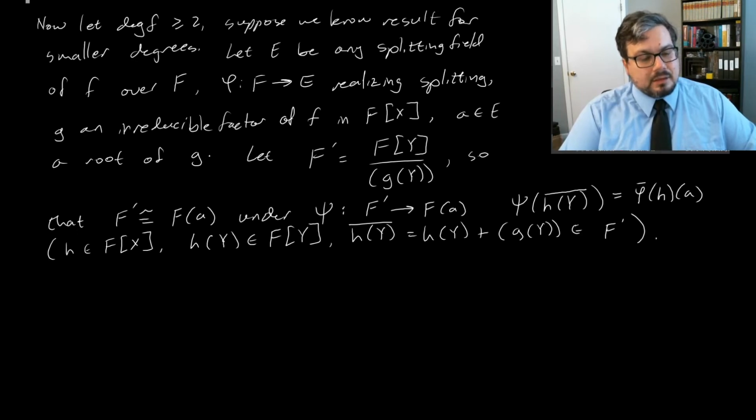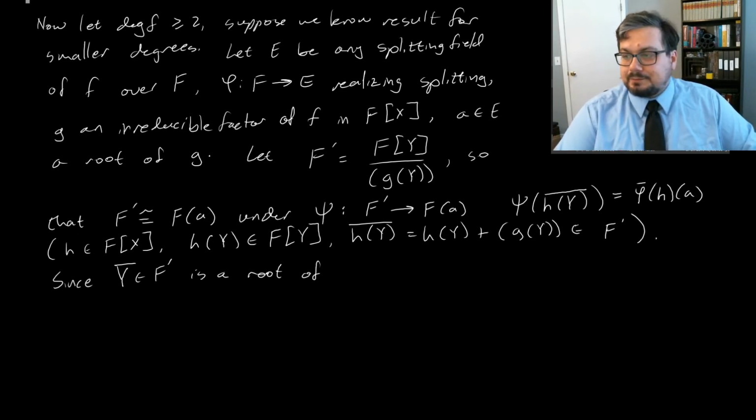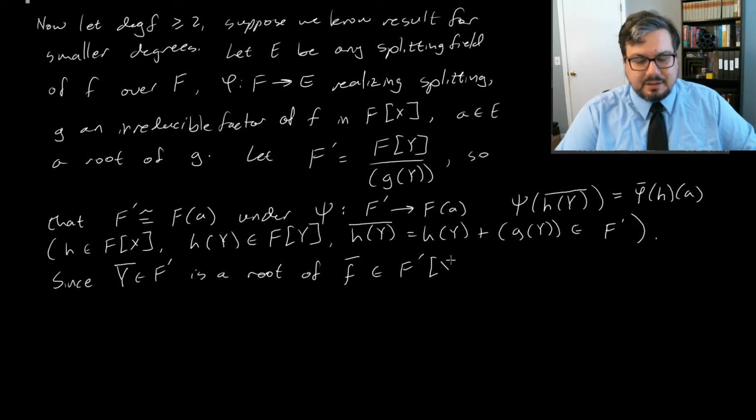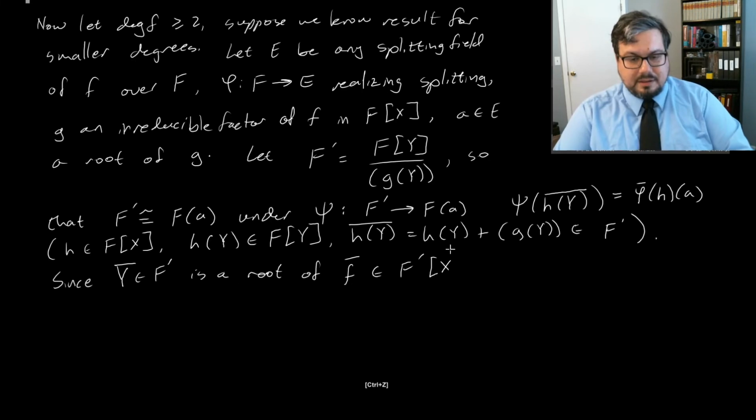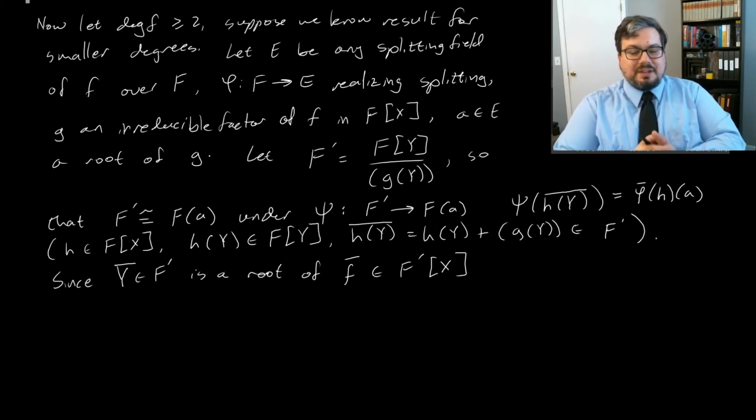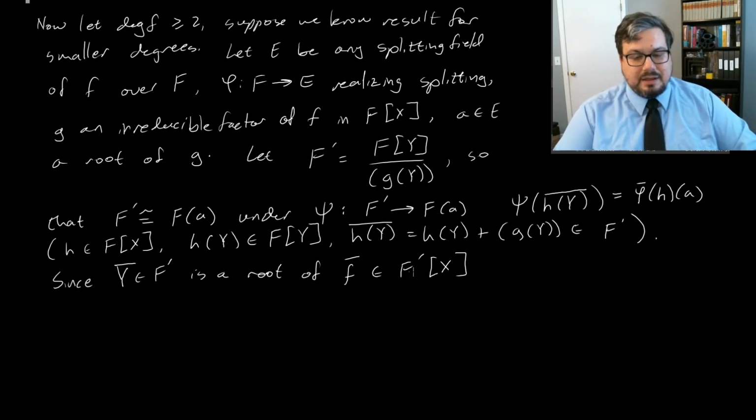Now, since y bar in F prime is a root of f bar, where f bar is what we get when we move from the polynomial ring F adjoin x to the polynomial ring F prime adjoin x. So this is just following what we've previously done.